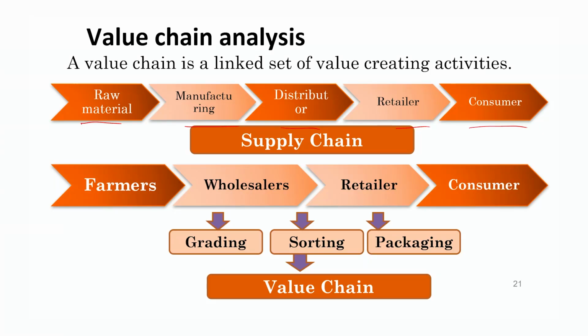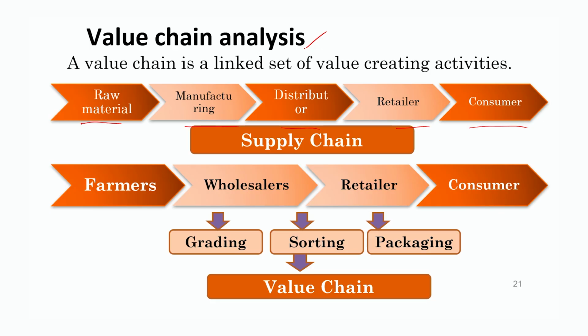So what I am trying to say is that a supply chain includes the same steps as that of a value chain, but in a supply chain there is no such value addition. And as the name suggests, in a value chain, at every step there will be certain additions made to that particular product. And that addition will be transferred to customers from which they get a certain kind of value. And that is why we use the term value chain, though they are used interchangeably.